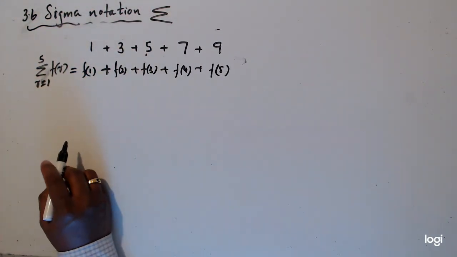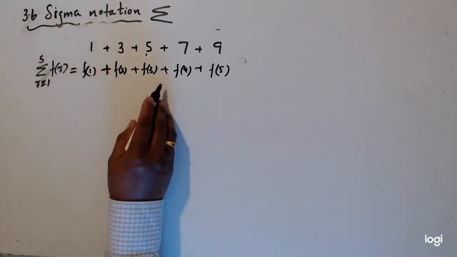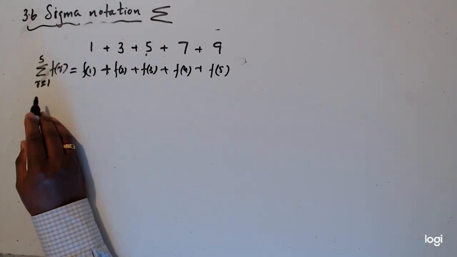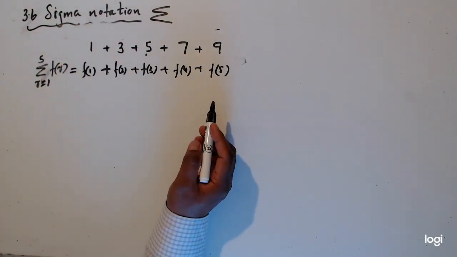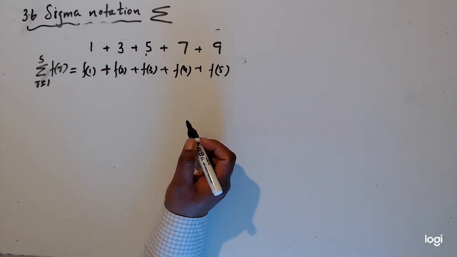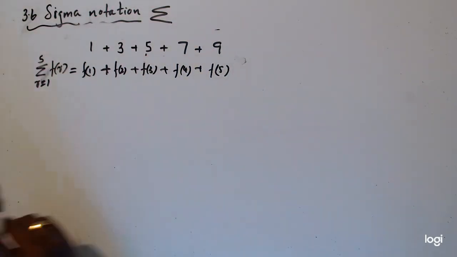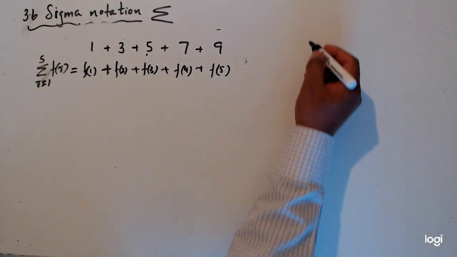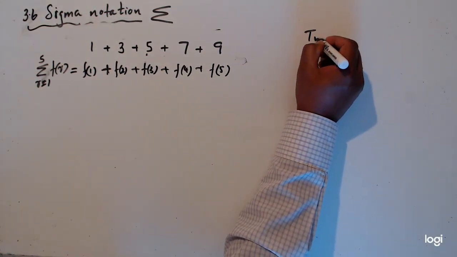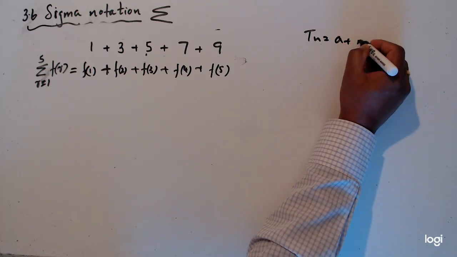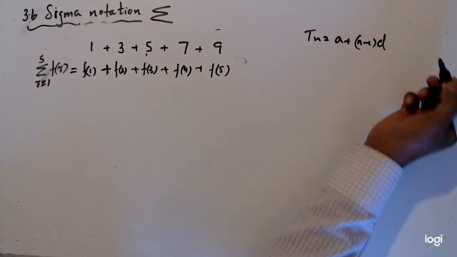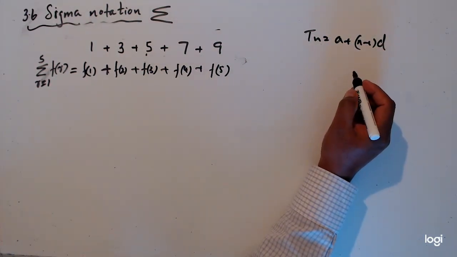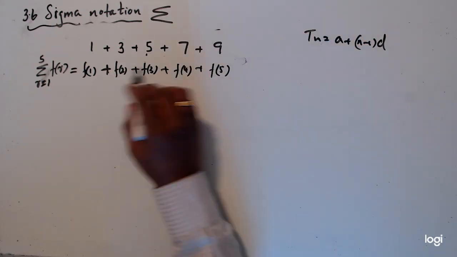Now let's see a short way of writing this. Now we know that this is an arithmetic series. How do you write the nth term of arithmetic series? That is Tn equal a plus n minus 1 d. So what is the a?